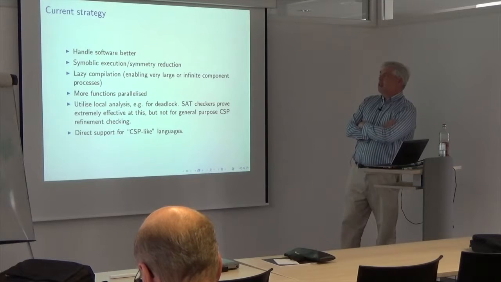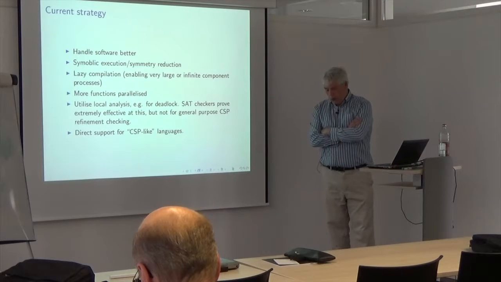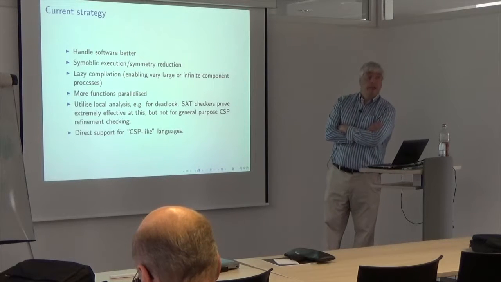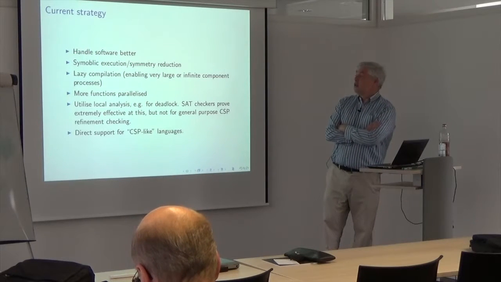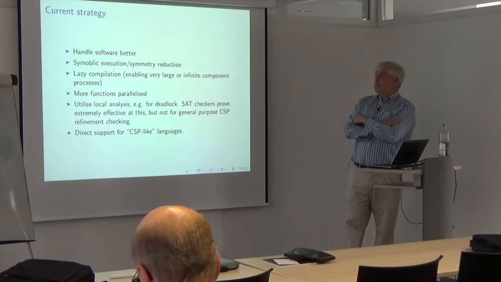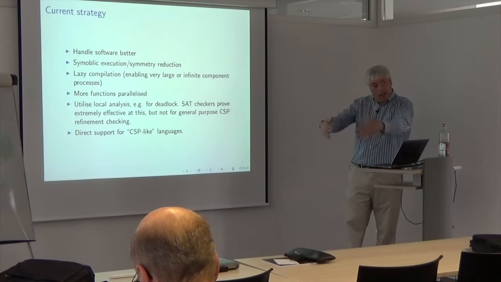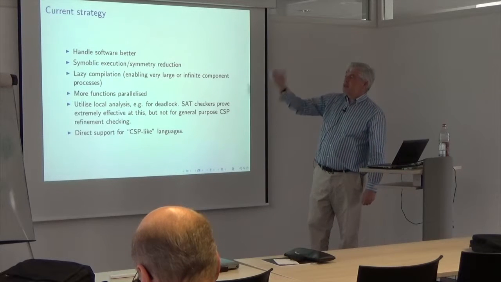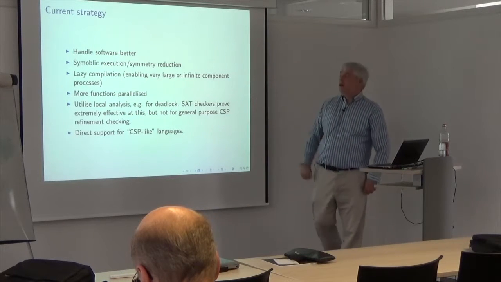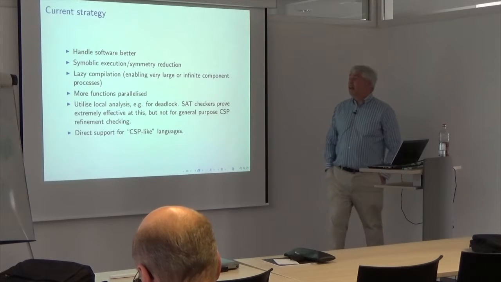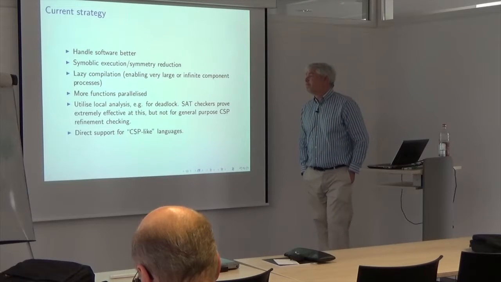Lazy compilation, which would help us to get away a little bit from the restrictions of the supercombinator model by allowing us to handle some larger component processes. At the moment, the things which take most of the time are parallelized in FDR3, but there's certainly potential for parallelizing more of these things. For example, the compression functions are not currently parallelized, at least in the delivered version.